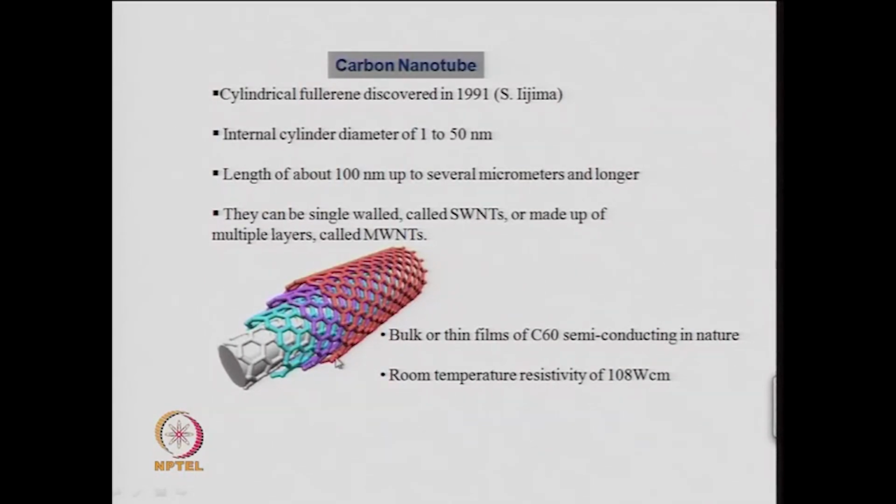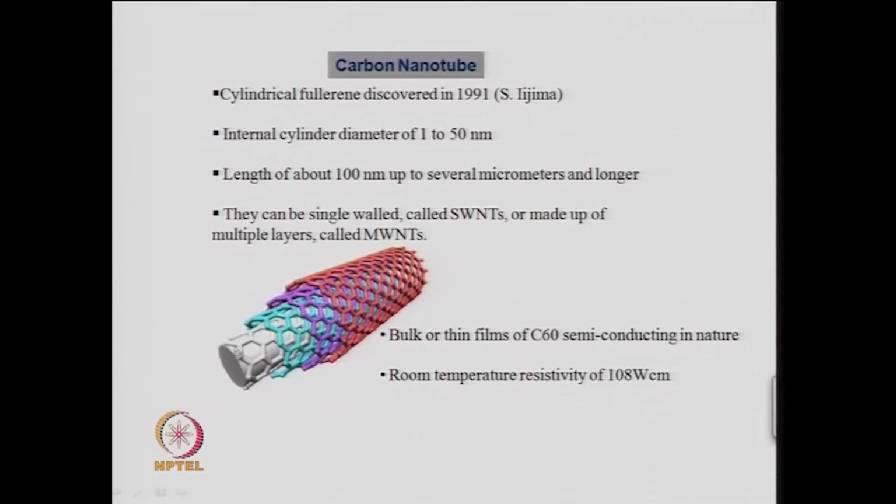They can be 100 nanometers or even much longer. So, the internal diameter can be varied from 1 to 15 nanometers and the length can be much larger, up to several microns, so several thousands of nanometers. These carbon nanotubes, also called CNTs, have tremendous applications.